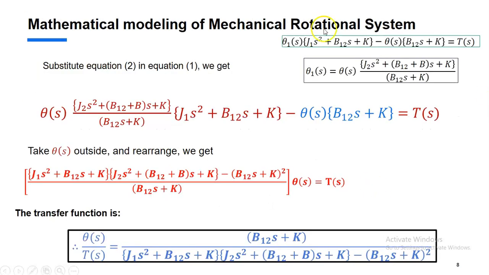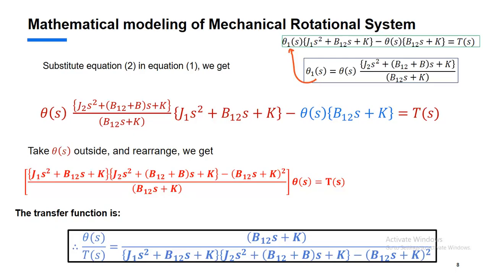Now we have equation numbers 2 and 1. We are going to substitute this theta 1 of s in this particular equation. So we get theta of s into this term. Additionally, this J1 s square term will also come, minus theta of s times B12 s plus K equal to T of s.